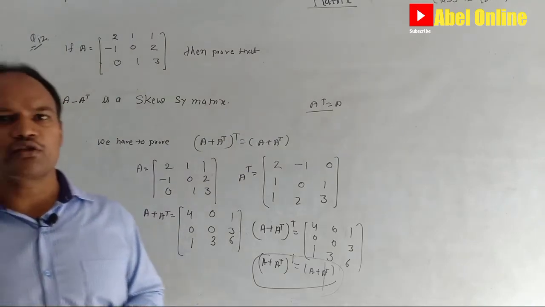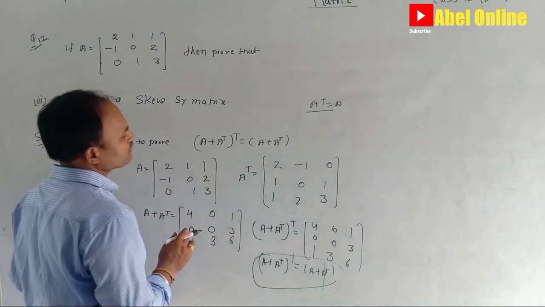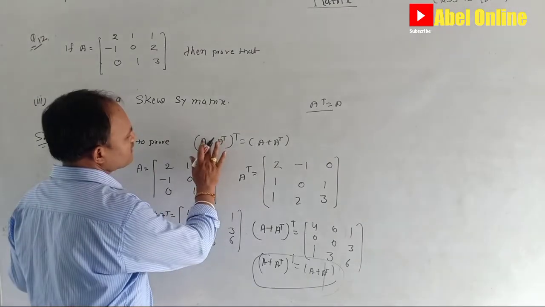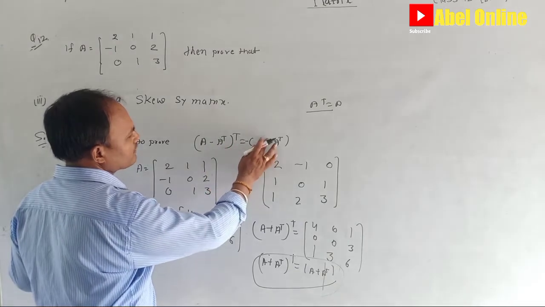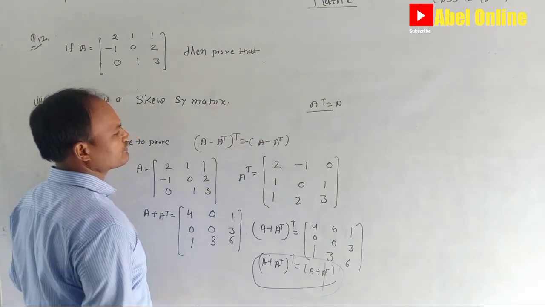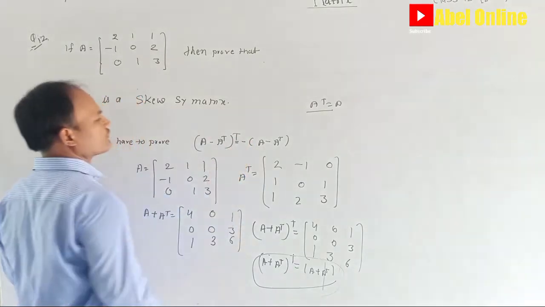Okay, so this is your next question. A minus A transpose is a skew symmetric matrix, and we have to solve this question. What we have to prove is (A minus A transpose) transpose equals minus (A minus A transpose). It is our destination.